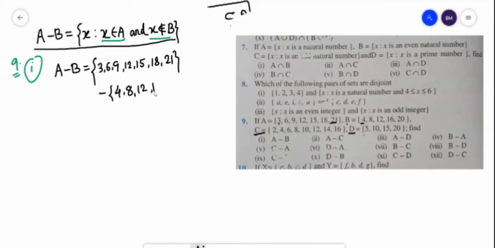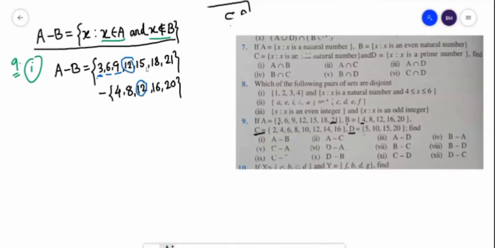16, 20. Now if there is any common element, that element we have to subtract from A. A minus B is the collection of elements that are in A but not in B. 3 is in A but not in B. 6 is in A but not in B. 9 is in A but not in B. But 12 is in both A and B, so you have to exclude that.